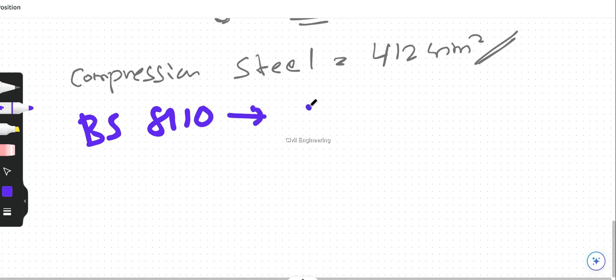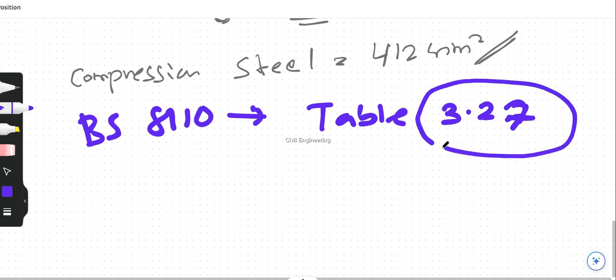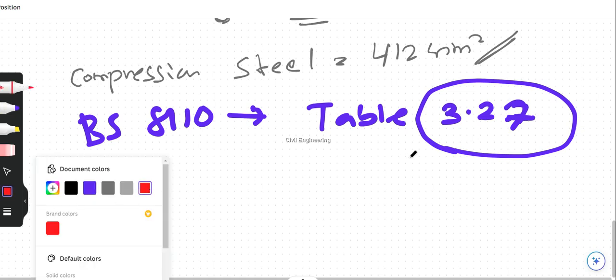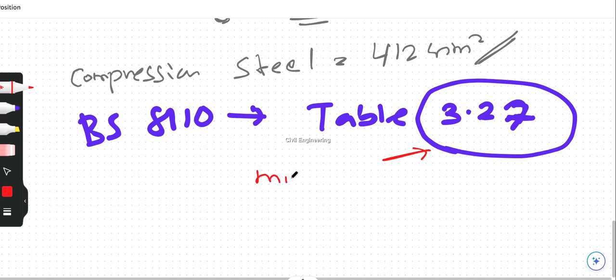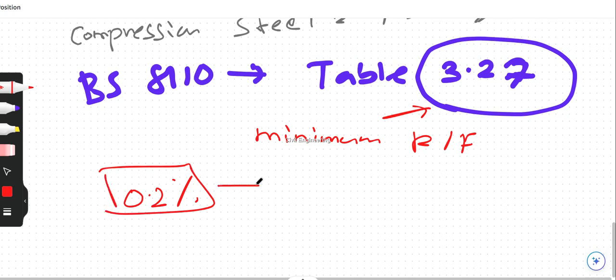We can refer to table 3.27. This will give how much minimum reinforcement we have to supply. It is 0.2%. This is the minimum compression reinforcement we have to supply.